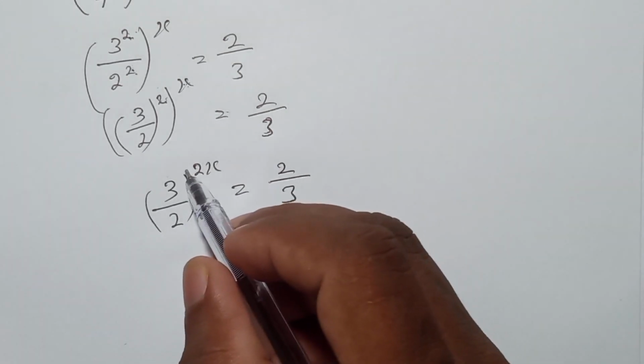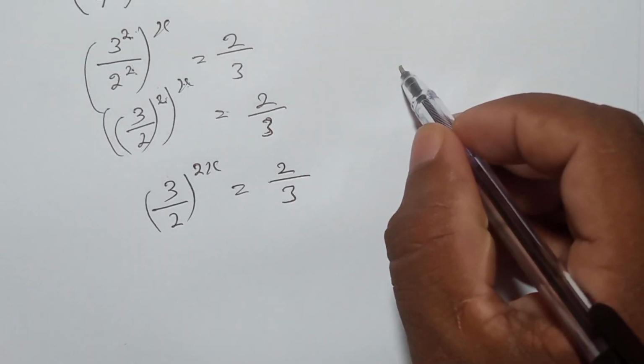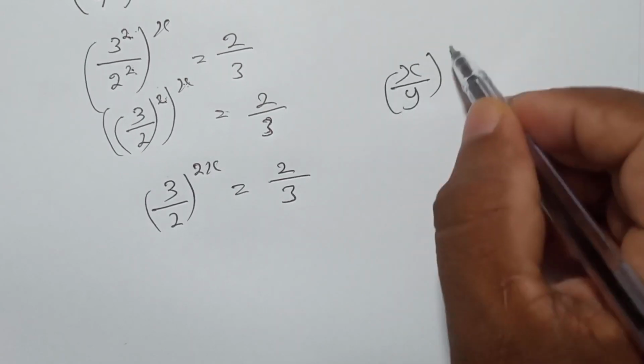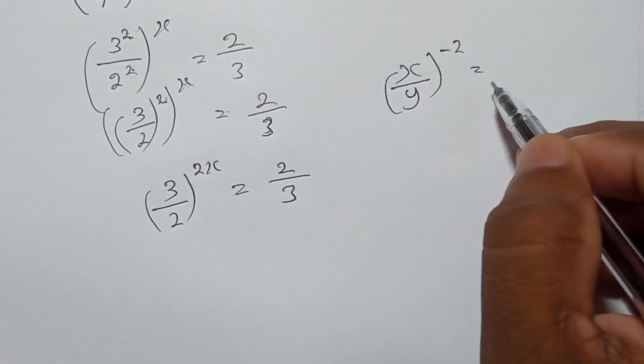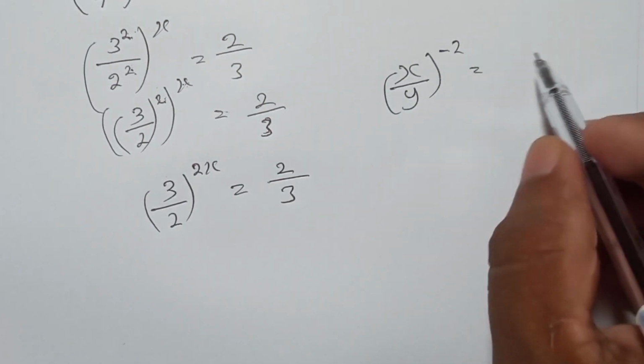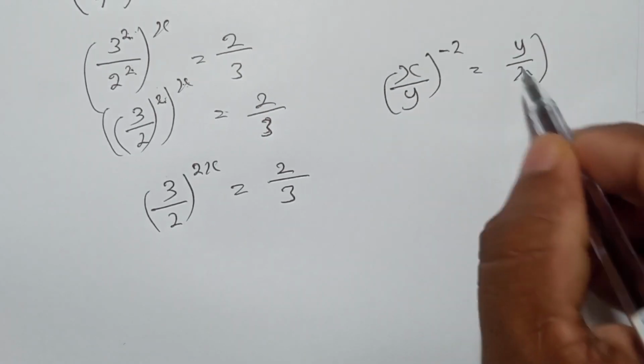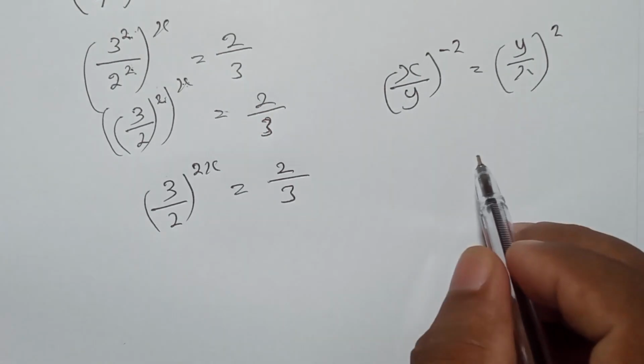If we have a negative index, for example, think you got x over y to the power minus 2, you can make this positive if you take the reciprocal of this. That means y over x, now this will be plus 2, right?